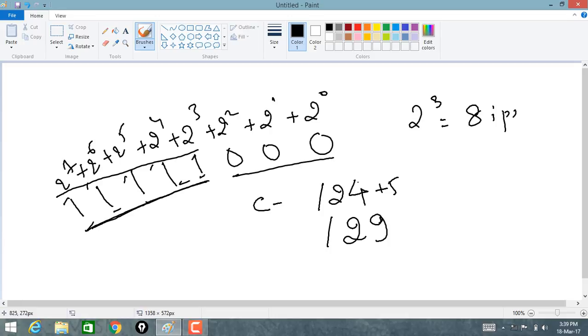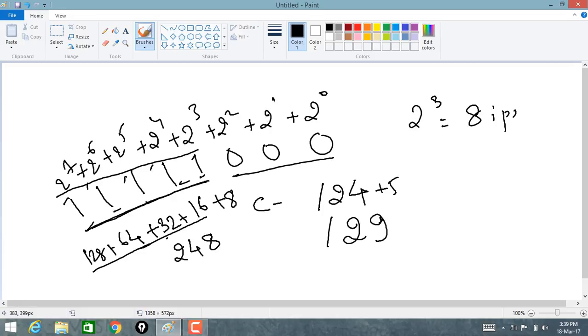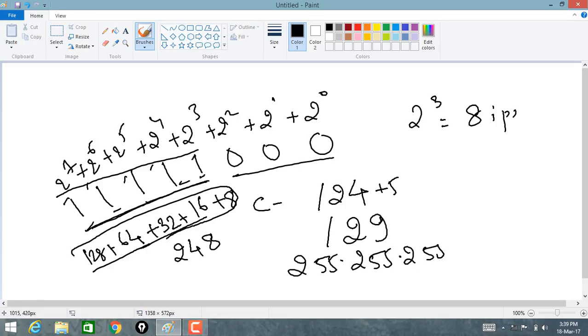So if we add all this, 128 plus 64 plus 32 plus 16 plus 8, then it will become 248. So the new subnet mask will be 255.255.255.248.